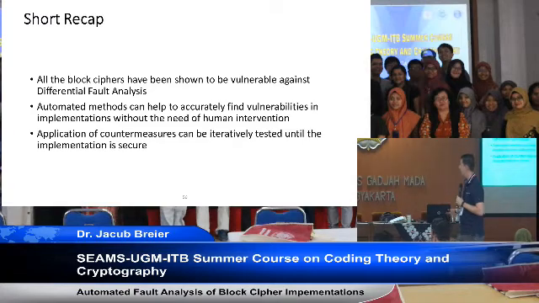These automated methods can really find vulnerabilities very fast without the need of human intervention. So we can iteratively test the implementations, and the same way we can guide the implementation of countermeasures, which we can test over and over again until we know that our implementation is really secure.